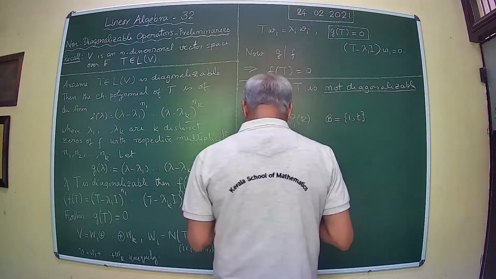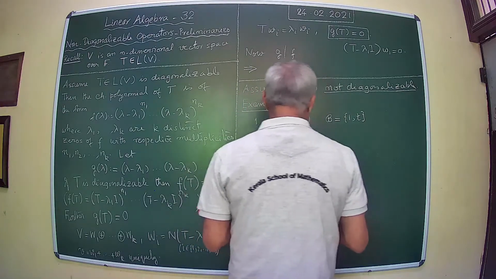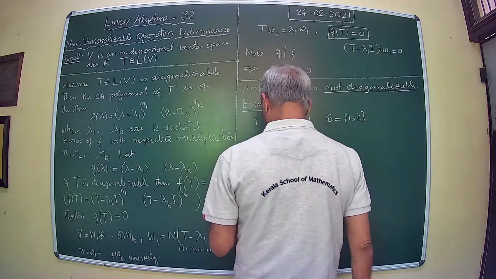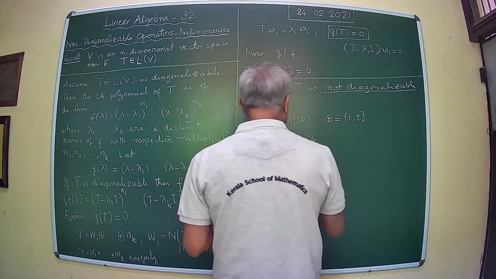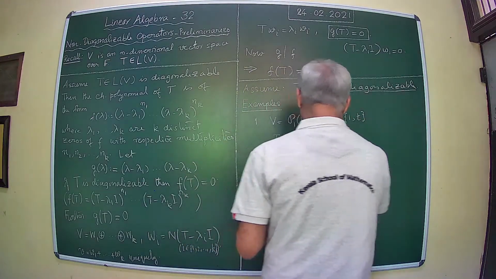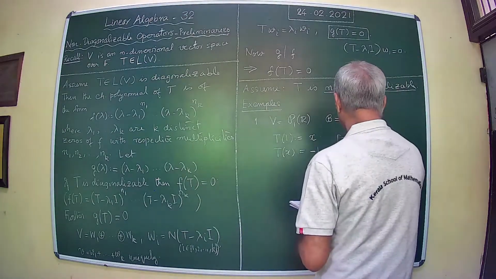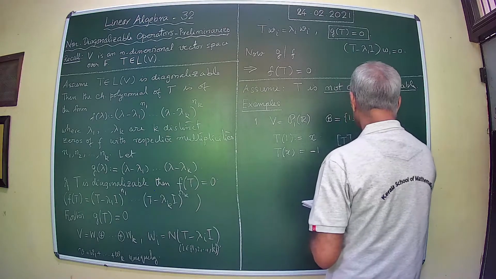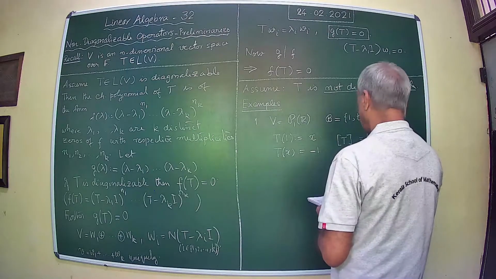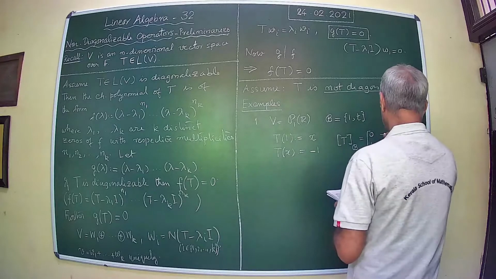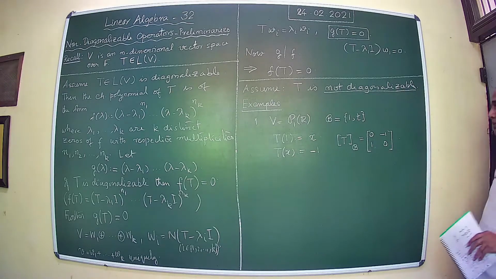And we define T(1) to be equal to x, and T(t) defined as minus 1. Therefore, you see that the representation for T with respect to B is given by the matrix with rows 0, 1 and minus 1, 0. That's the matrix representation with respect to B.